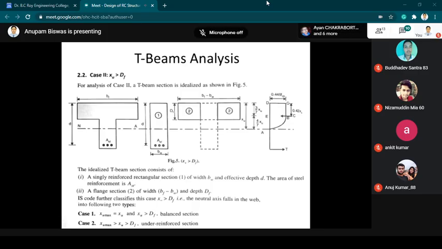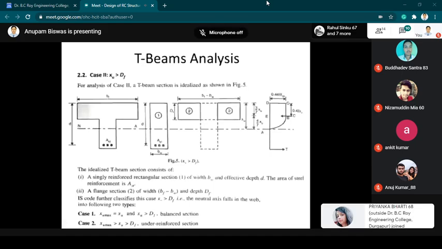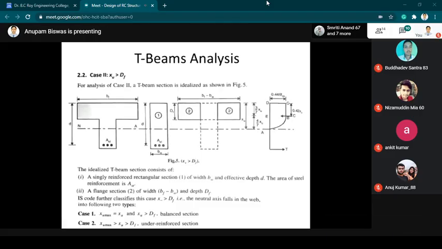So this is the case where the neutral axis is falling in the web part, where xu is more than df. For this we are taking two segments of this T beam. We are taking a vertical portion, for which we consider the overall effective depth, and another fragment of the flange portion only, that is segment 2, as shown in the figure.